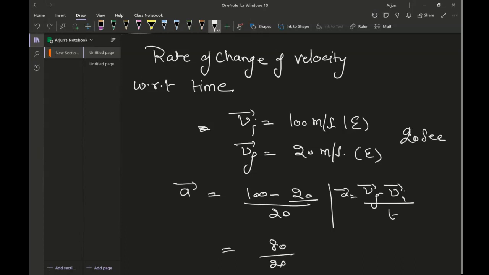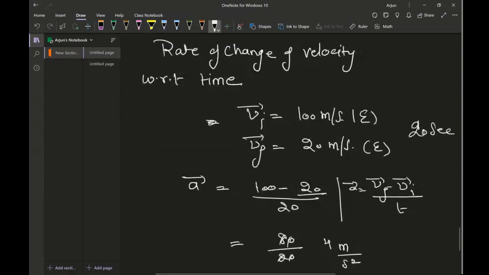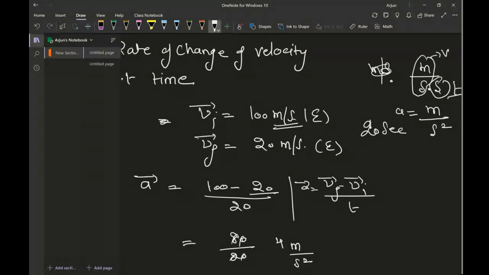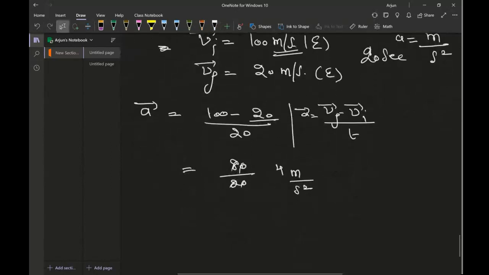So 80 divided by 20, this will be 4 meters per second square, because the unit of velocity is meters per second, and then you have to add another second on the bottom side. So it will be meters per second square for acceleration. This was velocity divided by time. That's how we can write down the units of acceleration.